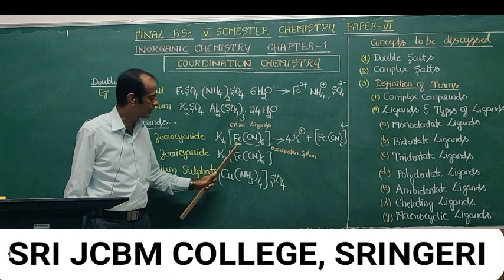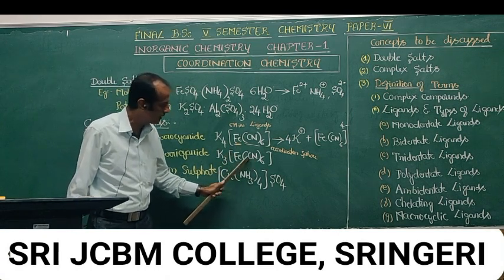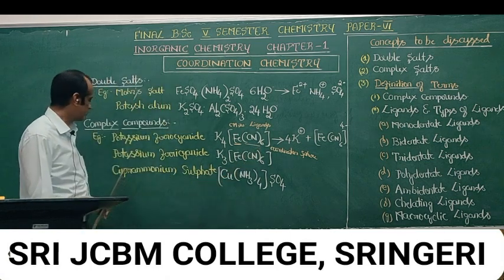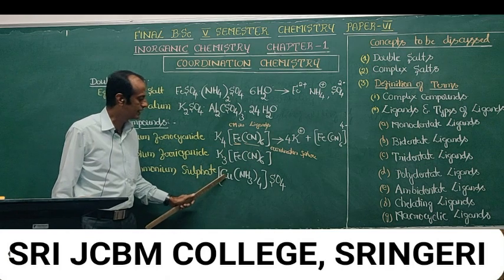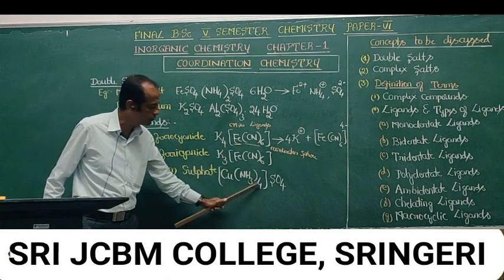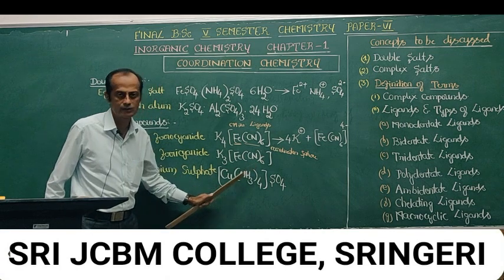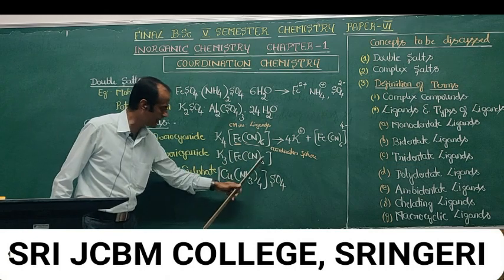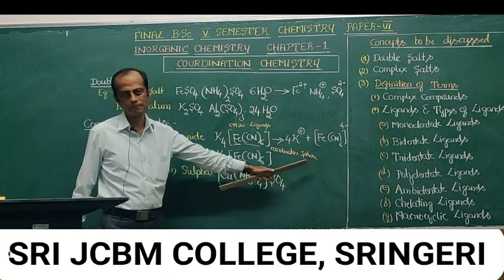Here, the central metal ion is the ferric ion, which is surrounded by 6 cyanide ligands. In case of tetraamminecopper sulfate, the central metal ion is the cupric ion, Cu2+, which is surrounded by 4 ammonia ligands. So the species inside the square bracket represent the coordination sphere.